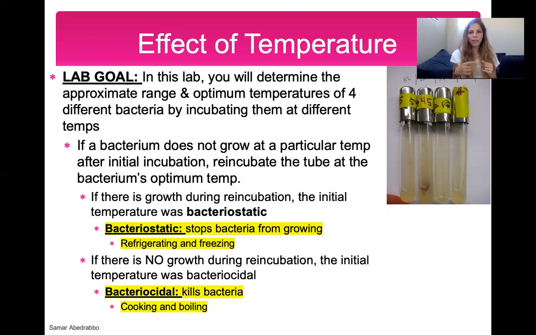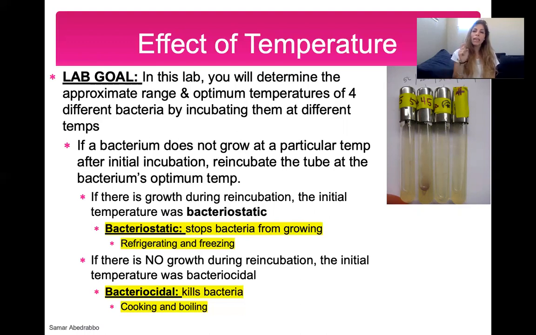So for example, if I took E. coli bacteria and I stuck it in these 4 different temperatures, and then I came back the second day, I took out all my tubes from the incubator, the fridge, wherever I put it, and I saw, for example, that the 5-degree slant, so the agar slant that was grown in the refrigerator, had no growth, I would re-incubate it at the temperature where I saw growth.